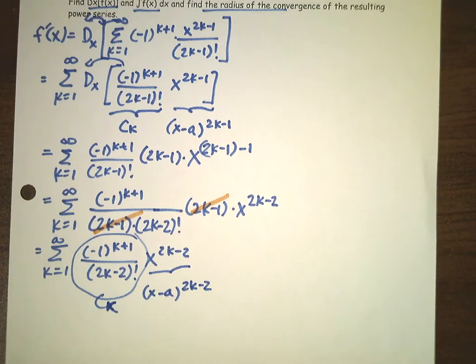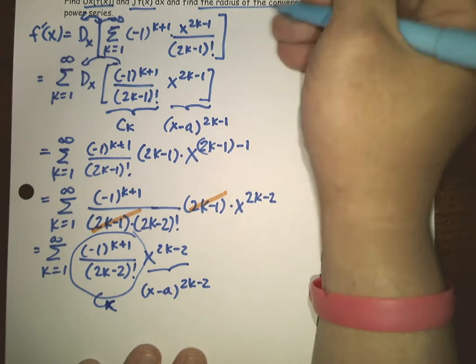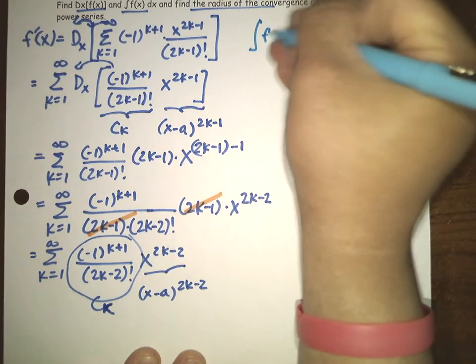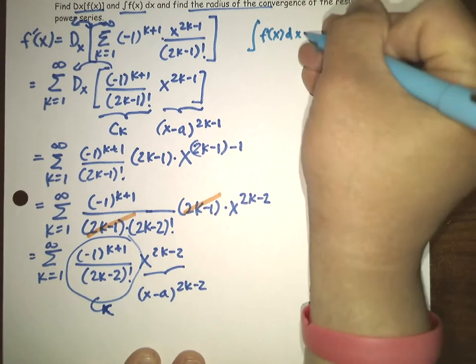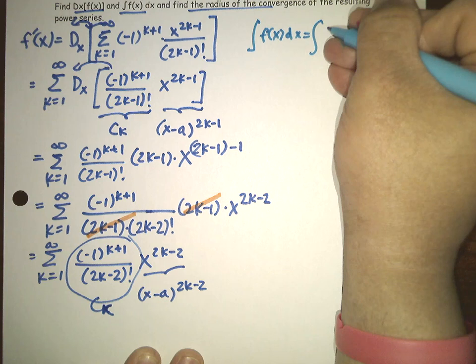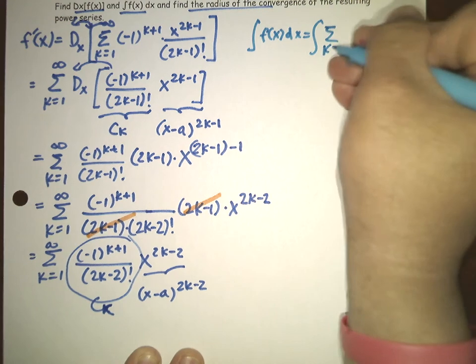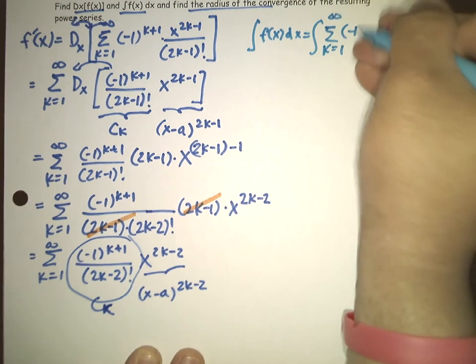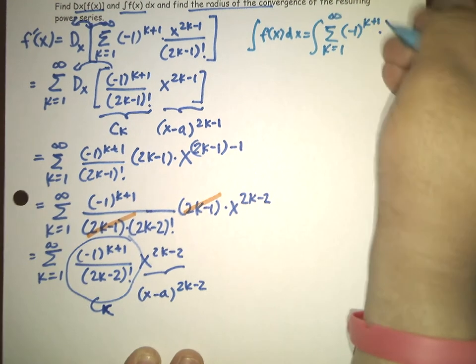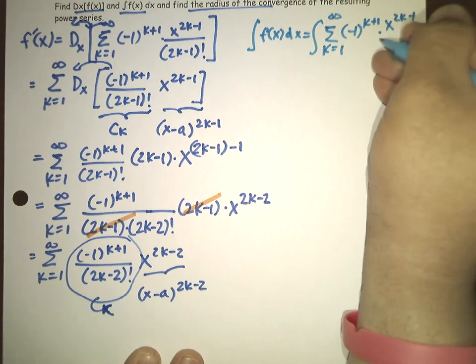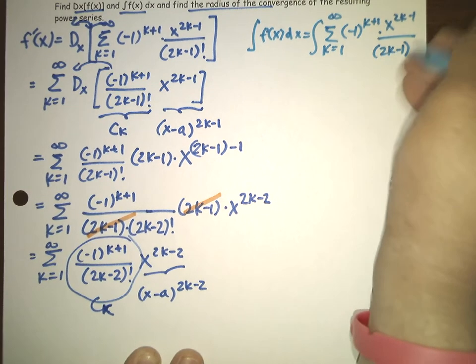All right, now let's find the integral of this power series. So the integral of f of x dx will be the integral of the series, the sum k equals 1 to infinity of negative 1 to the k plus 1 times x to the 2k minus 1 all over 2k minus 1 factorial.